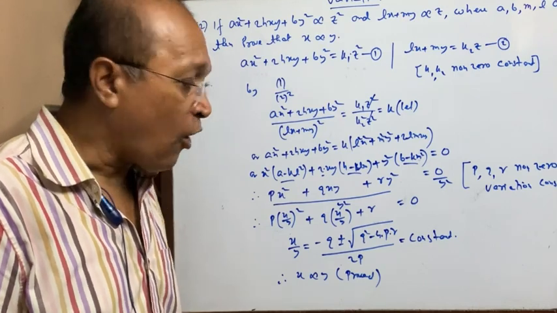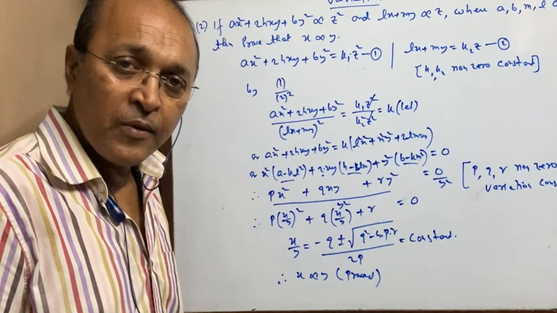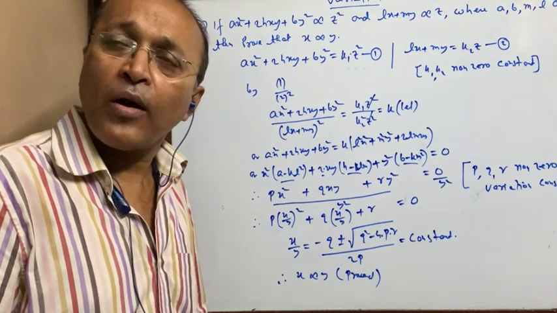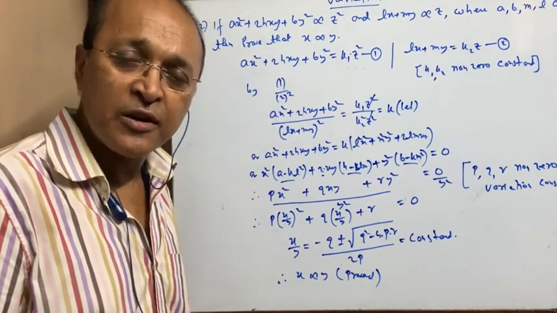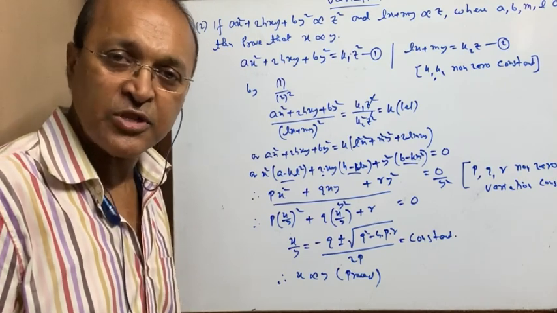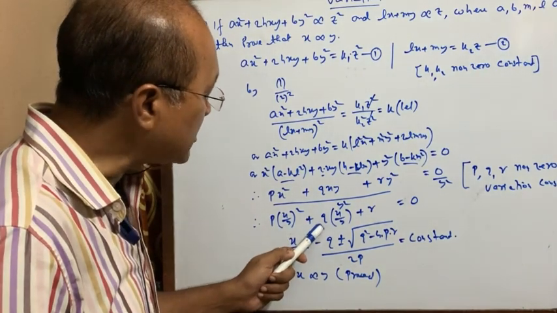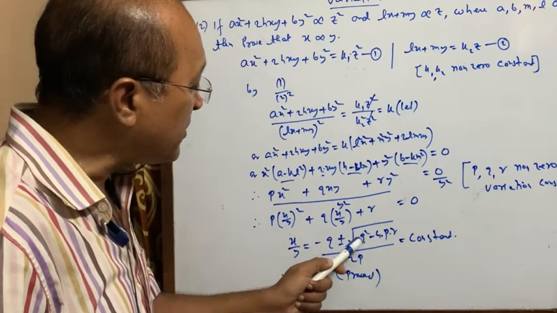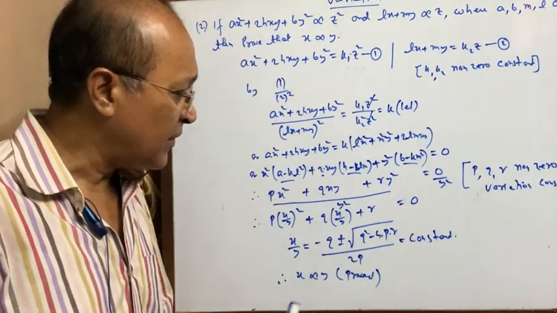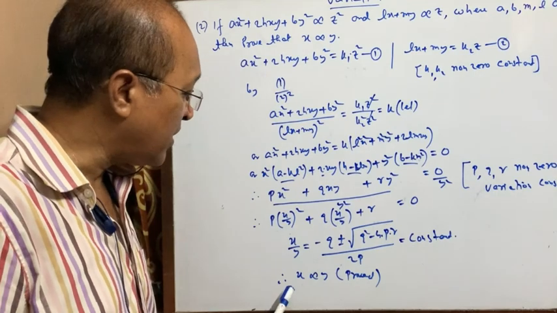Right. Now by implementing Sridhar formula, you know what the formula is. For a quadratic equation, ax square plus bx plus c is equal to 0, x is equal to minus b plus minus root over b square minus 4ac by 2a. So in this way, we got x by y is equal to minus b, here b is q, root over b square minus 4ac, that is here q square minus 4pr by 2p. Okay. All this entire term is constant. So x by y is equal to constant. So you can write x proportional to y.